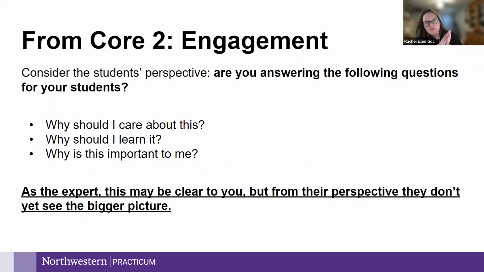But students often don't see that. It needs to be stated really explicitly for them. And so this empathy map process is helping you get into a better practice of understanding the student's position so that you're better at explaining your position to them and why they should care about the class and why it's important.